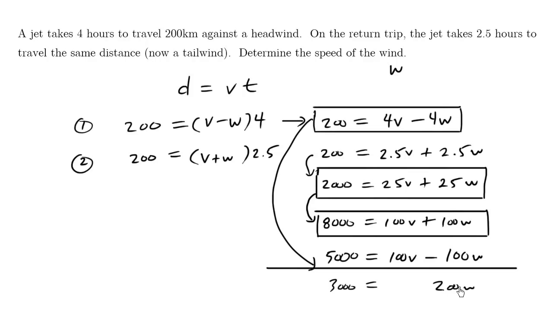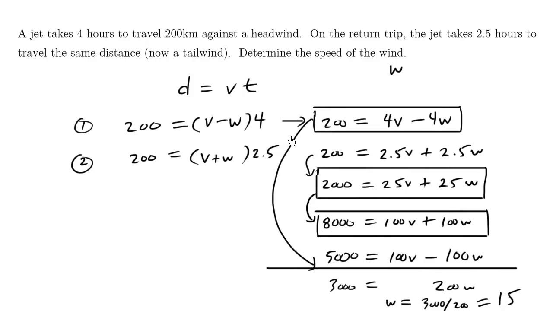This is a common mistake, to accidentally mess up your signs. 100w minus negative 100w, the two negatives become a positive, so you're essentially adding. So w equals 3,000 divided by 200, which is exactly 15.